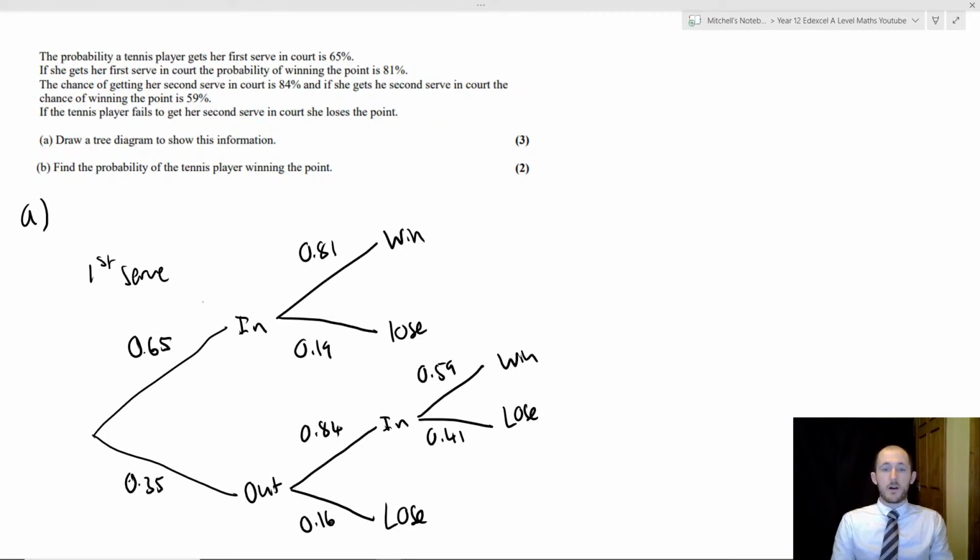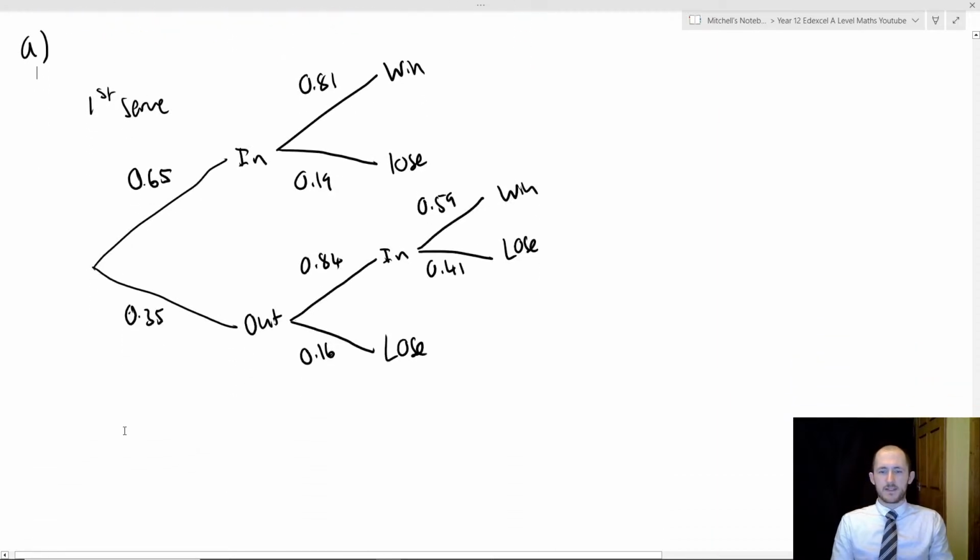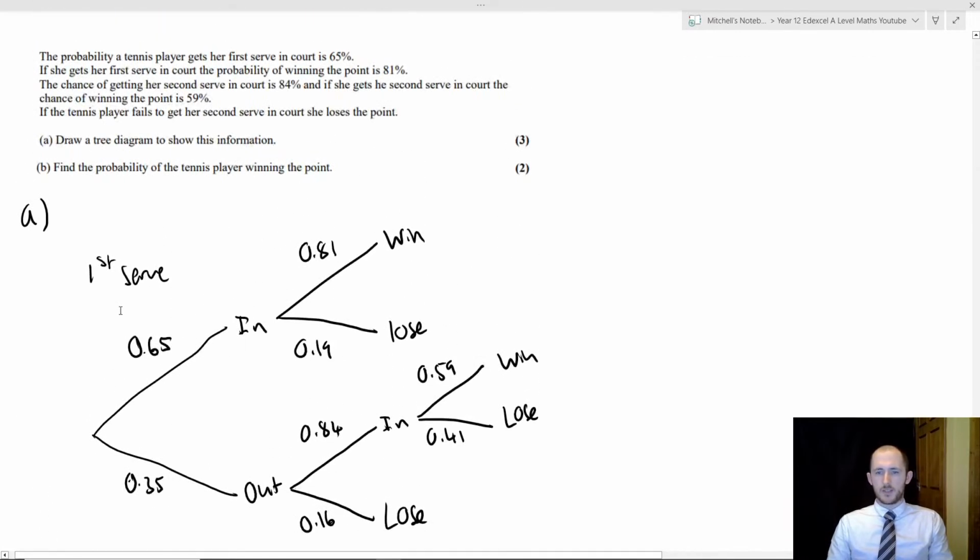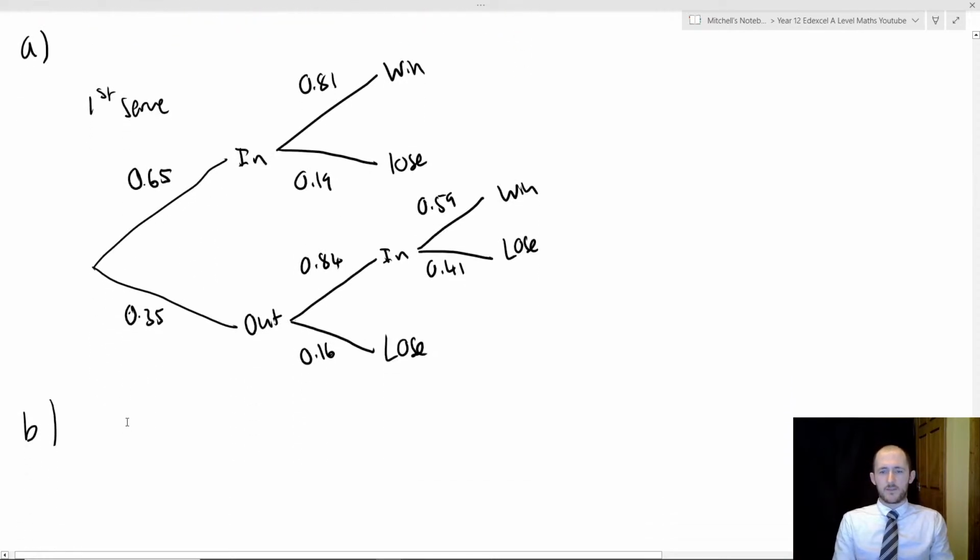Again, in terms of the marks, you lose a mark for every part that's incorrect, so any wrong numbers or wrong branches. And then part B says find the probability of the tennis player winning the point. So there are two options, right? She either succeeds with the first serve and then wins, so that'd be 0.65 times 0.81.